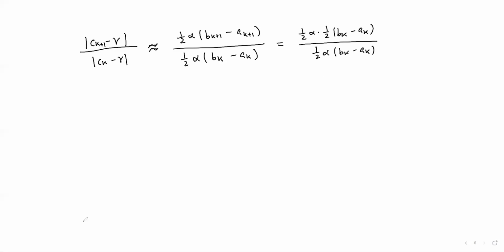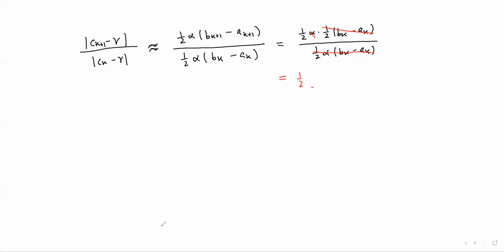Now I cancel, and also cancel alpha. So we get 1/2. Therefore, the convergence is linear.